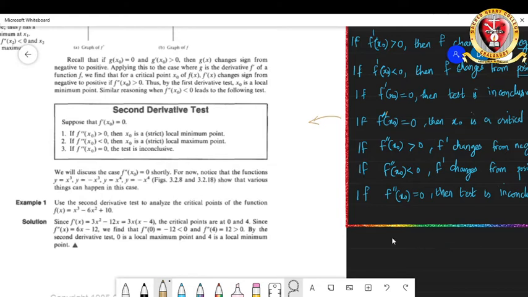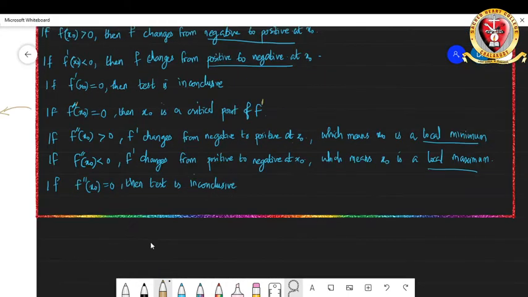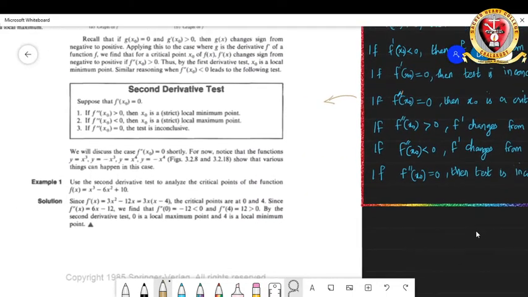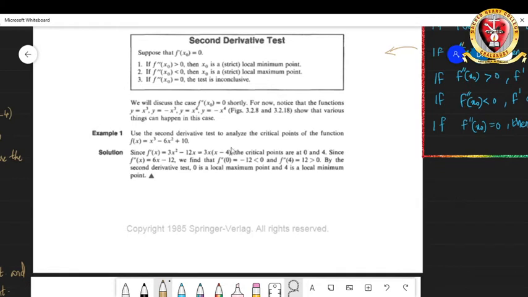If f double dash of x naught is strictly less than 0, then x naught is a local maximum point. And if f double dash of x naught is equal to 0, we cannot conclude about the test. We can understand the concept from the examples.